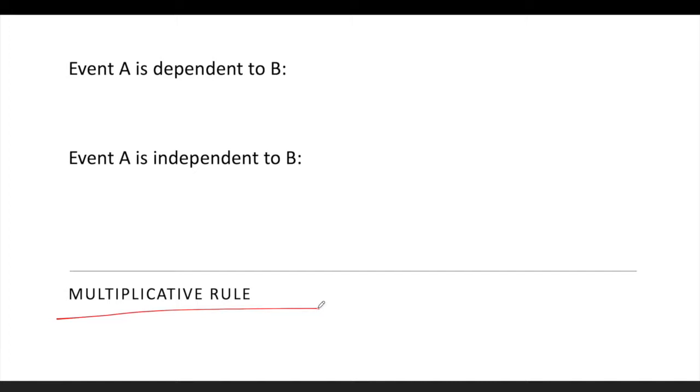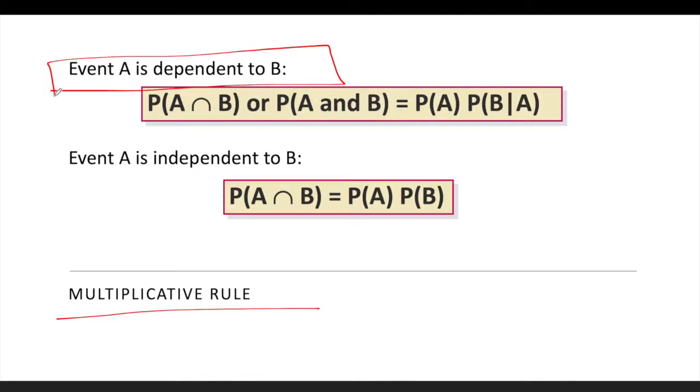One condition is that event A is dependent on B. Then it can be defined as the intersection of A and B, or the probability of A and B, equals the probability of A times the probability of B given A. But if event A is independent of B, then the intersection equals the probability of A times the probability of B.